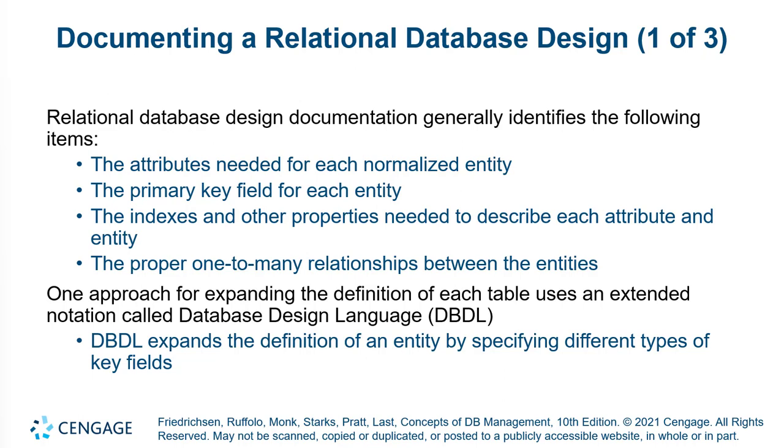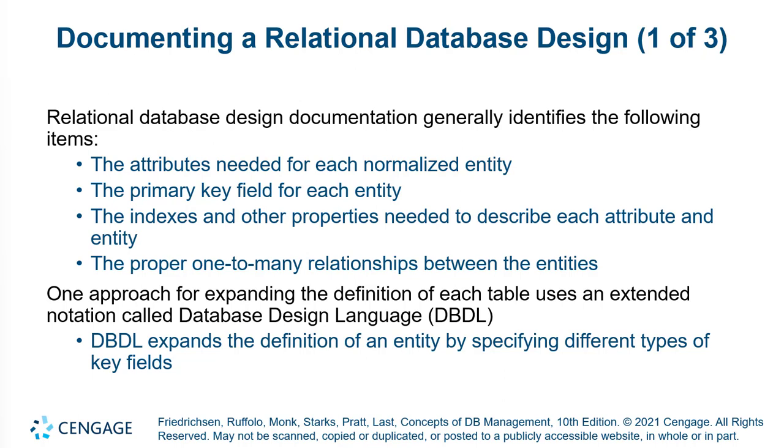When we document our database in this fashion, we're identifying a few main key components. The first one is the attributes, the columns that are associated with each entity or table. Then we're going to identify any keys that are in the table.